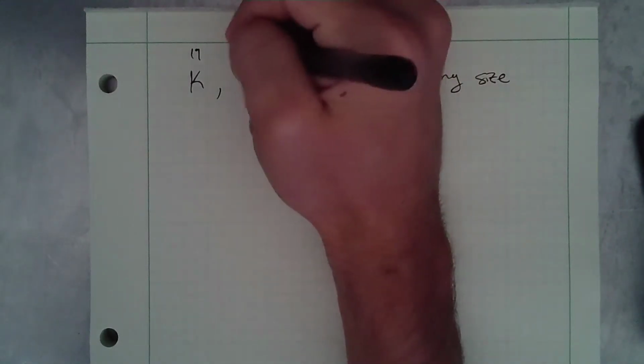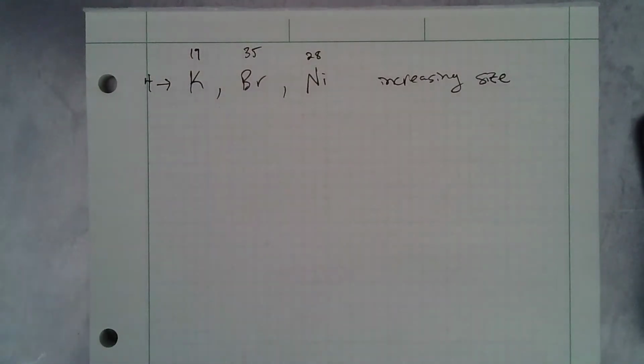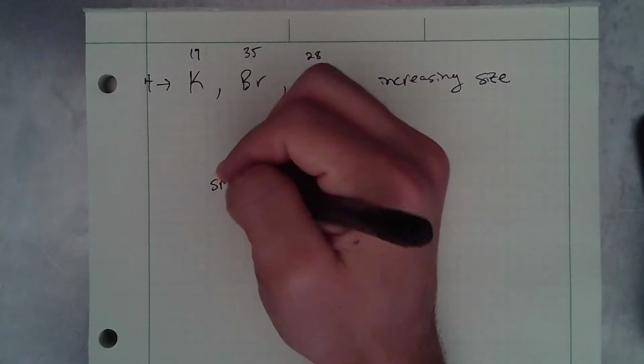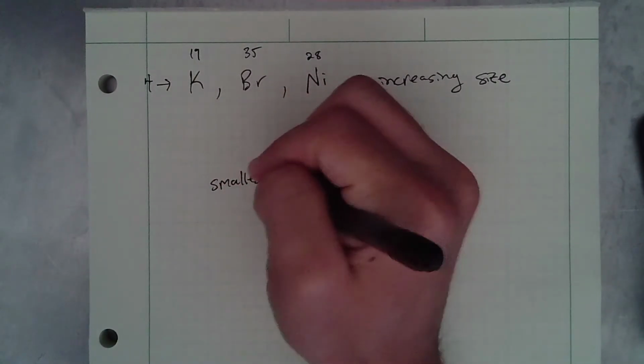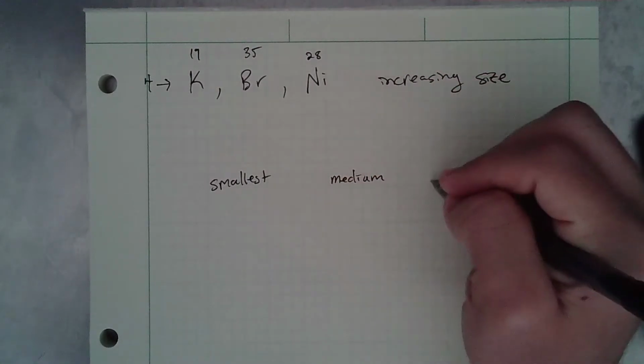potassium, element number 19, bromine, number 35, nickel, number 28. These are all in period 4, so they're all in row 4 on the periodic table. So the question is, how do we arrange them in terms of increasing size? We're trying to go from smallest to, I guess, medium or middle to largest.